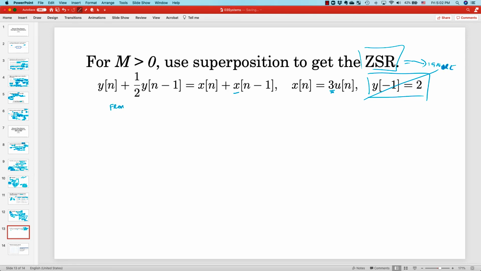From the previous slide, we solved that the single input case, the ZSR, was 2/3 plus 1/3 times (-1/2)^n, all of that times u of n. Now I call it y sub 0, even though I call it the single input case, because this corresponds to capital M equals 0 in the very first slide.